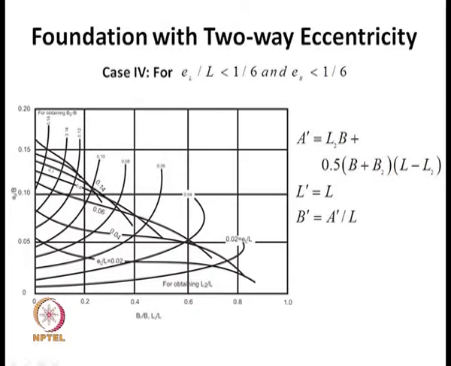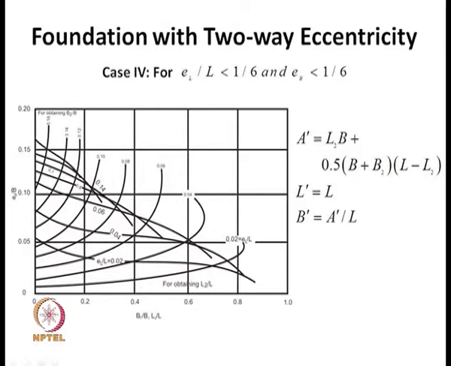This chart will be used to get the L2/L value, because here are two charts. This chart represents 0.02, that is the value of e_L/L, and this chart represents again 0.02, that is also e_L/L.